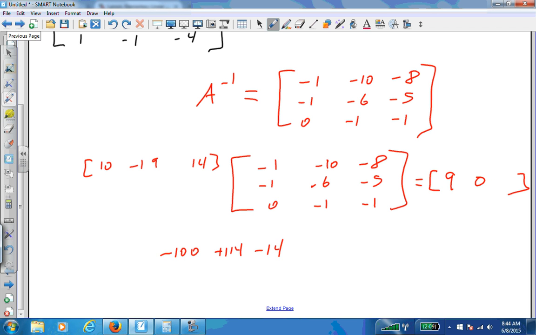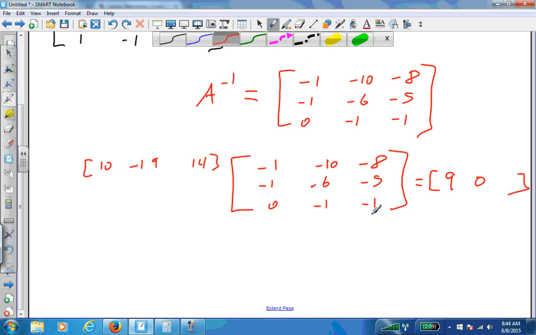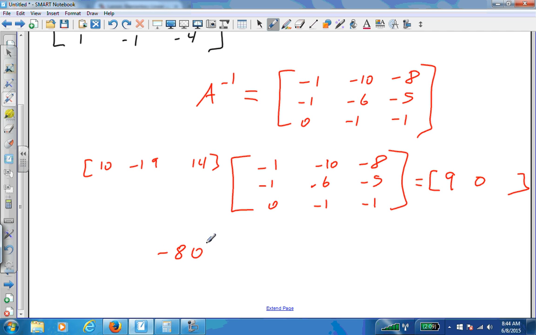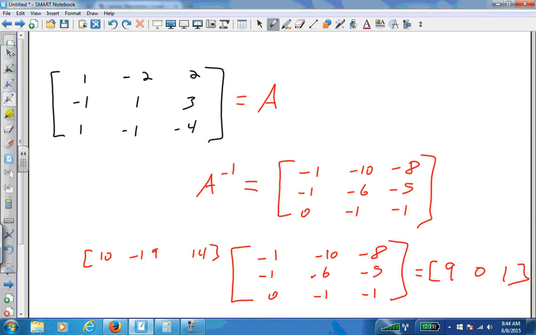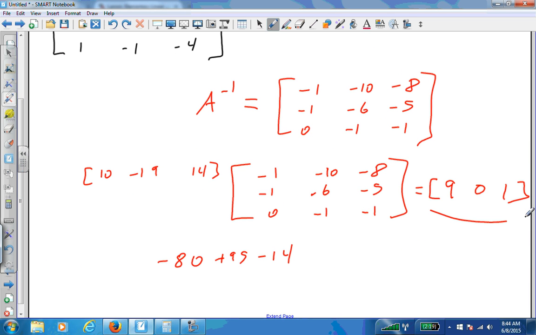That was our next value. So that's correct. And then row times column, negative 80, positive 95, minus 14. So this is minus 94 plus 95, so 1. 9, 0, 1, that was our first uncoded script that we were decoding. We re-encoded it, we got back to what we started with.